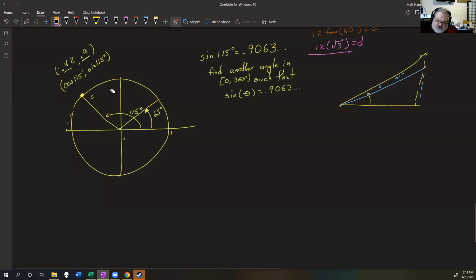I think the better thing to have done, instead of subtracting the 90 from the 115, was to subtract the 115 from 180. This angle is the other 65 degrees. So this one has to be 65 degrees. Fair?